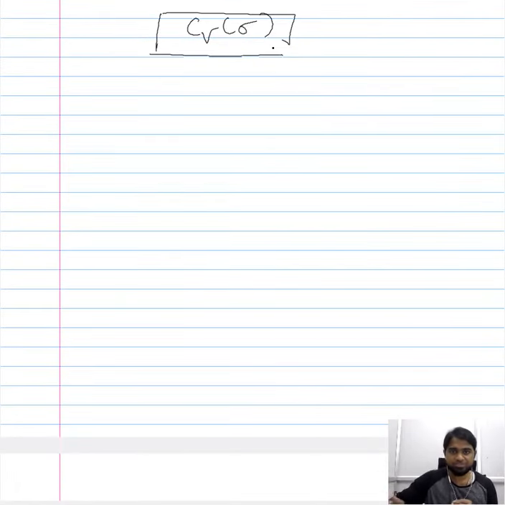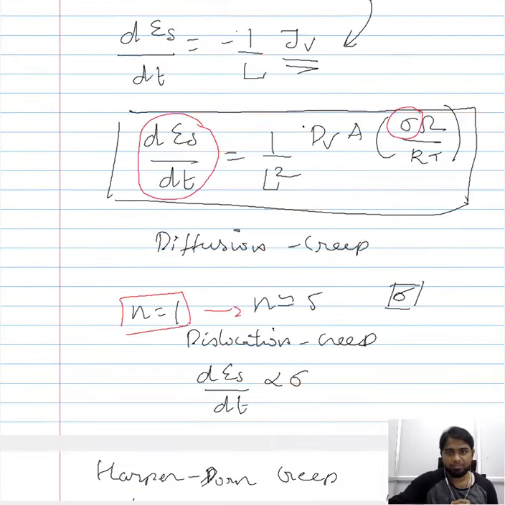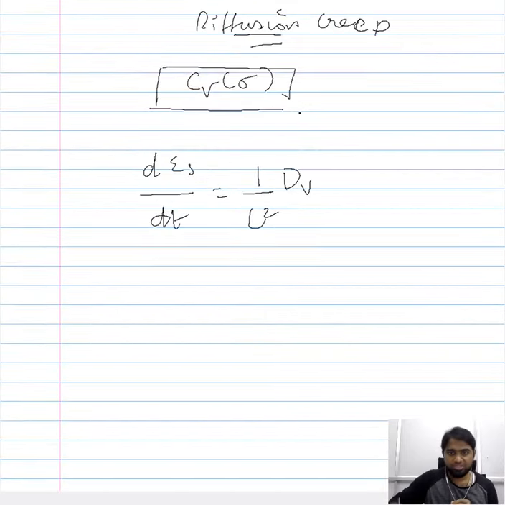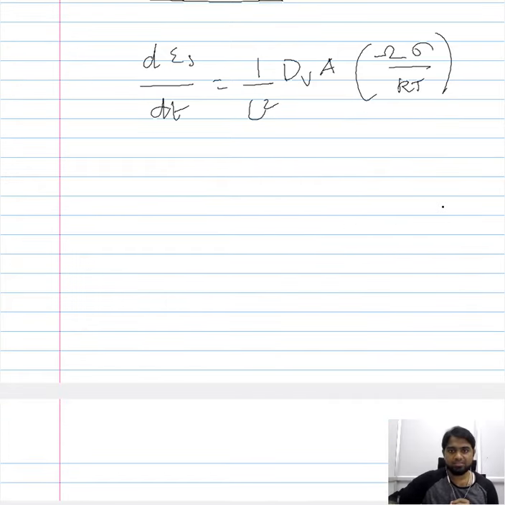This expression is nothing but 1 by L square, D_V, that is the diffusivity of the vacancies, a constant that relates all the other exponential terms, and we have the role of stress. So we have a constant, another constant.